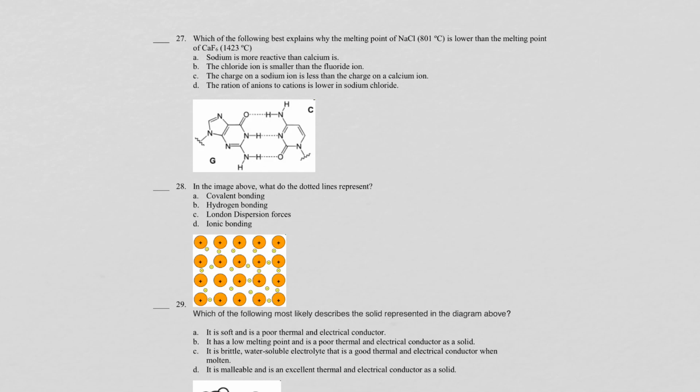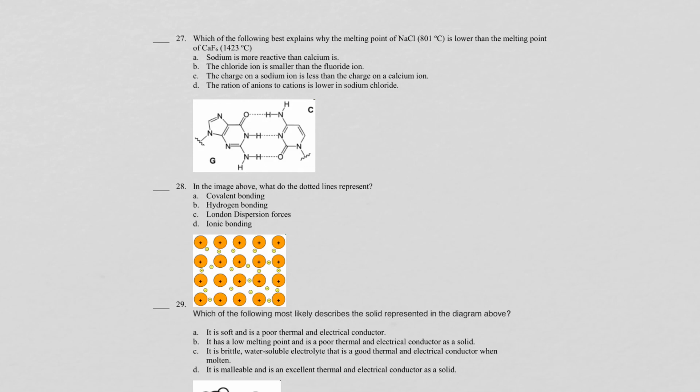We're comparing two like substances, so it's going to be a difference in charges. We know that sodium is +1 and chloride is -1, whereas calcium is +2 and fluoride is -1. So our answer here is going to be the charge of the sodium ion is less than the charge of the calcium ion. So 27's answer is C.